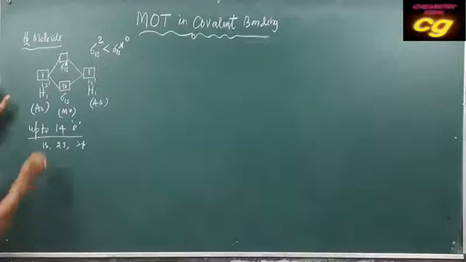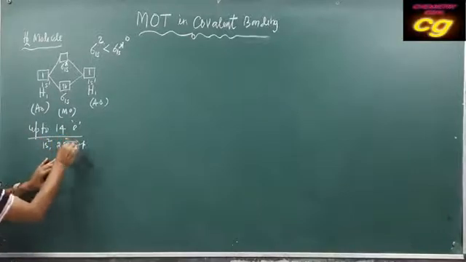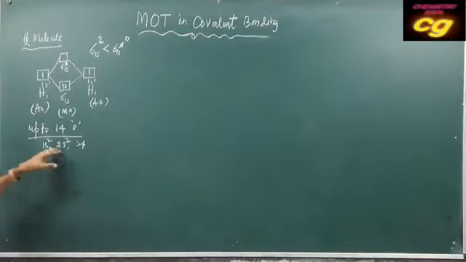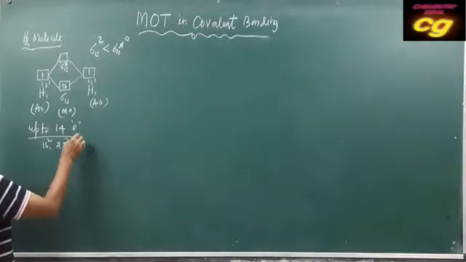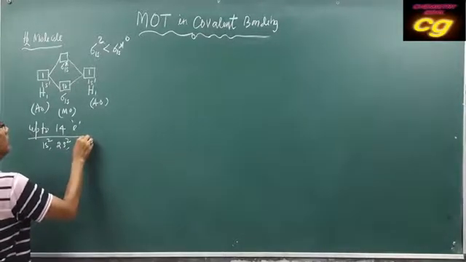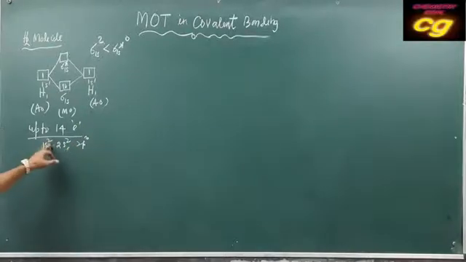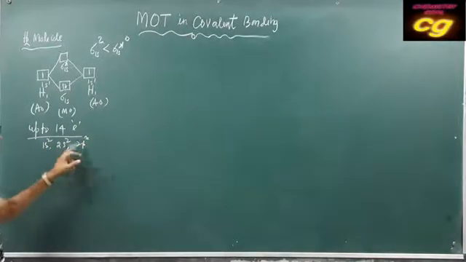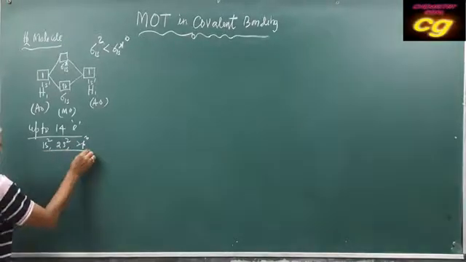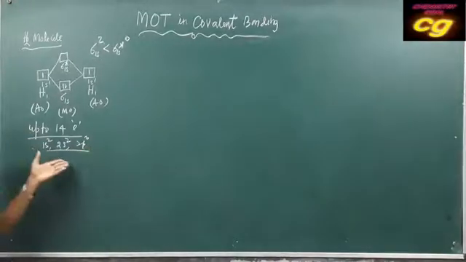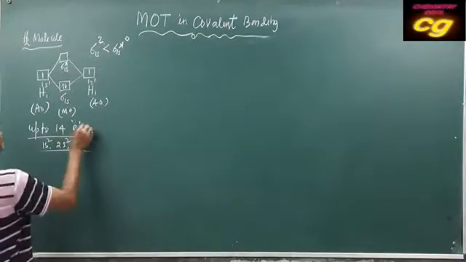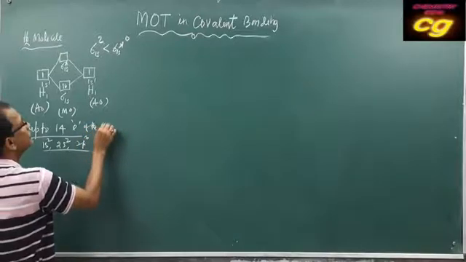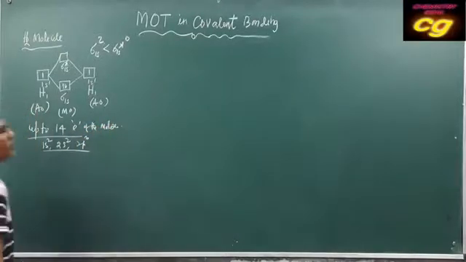Here 1s2, 2s2 is 10 electrons, then 2p3 gives 7 electrons. One atom has 7 electrons, another atom combines, and it becomes 14 electrons. So we are discussing up to 14 electrons of the molecule.